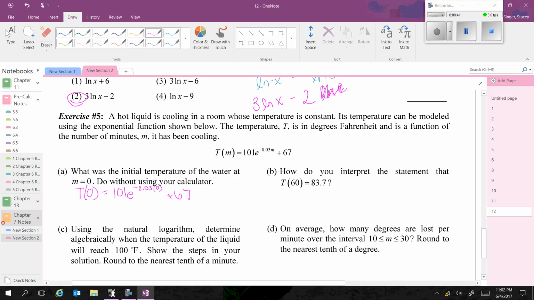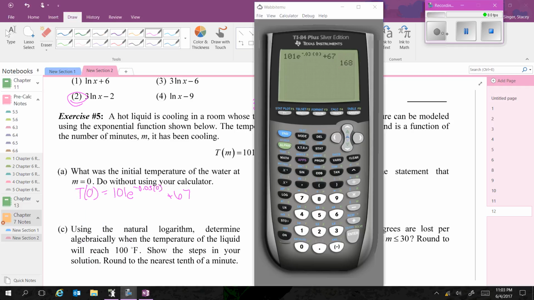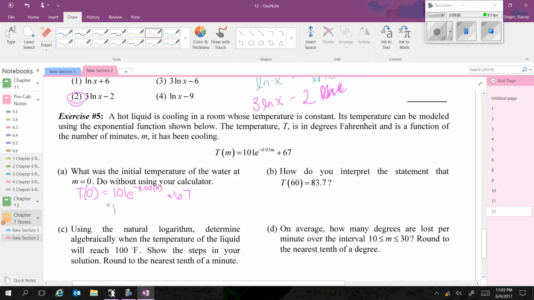It says do it without your calculator, but if you're stuck, you can use your calculator. You just have to be careful when you type it in. So you have 101 times e raised to the power of negative 0.03 times 0, which I put in parentheses, plus 67 gives me 168. So T of 0 equals 168.